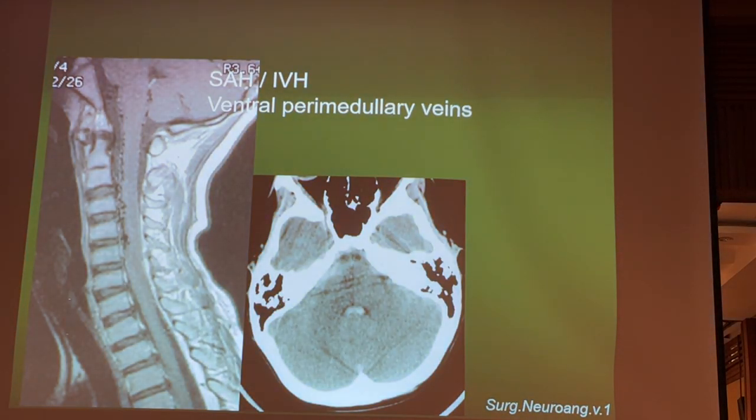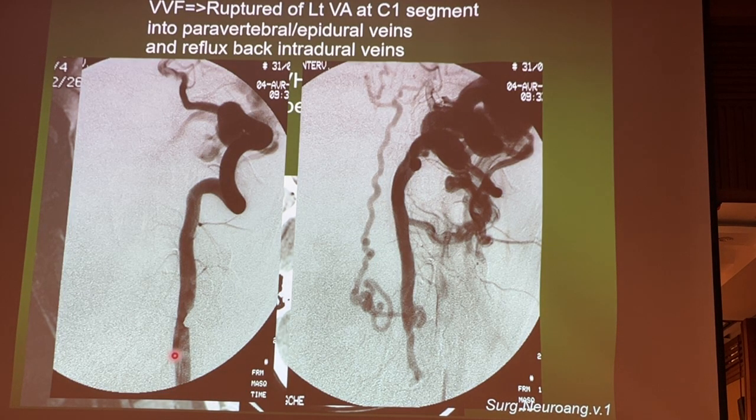For example, this one that comes from the Pierce book, showing subarachnoid and intraventricular hemorrhage in these abnormal veins located there.